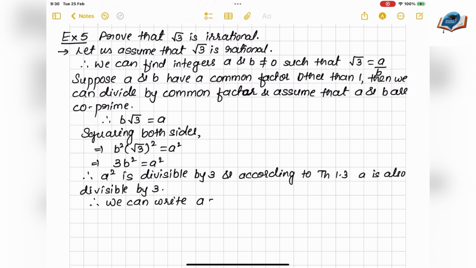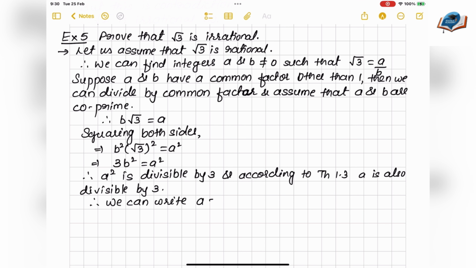Thus we can find A and B coprime such that B is not equal to 0. Therefore, 3 root 2 equal to A upon B. So, rearranging, root 2 equal to A upon 3B.